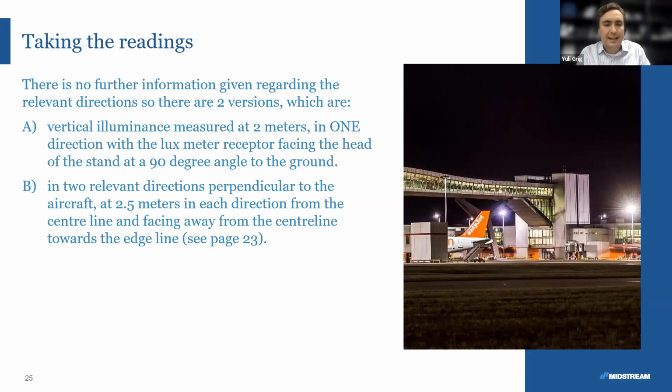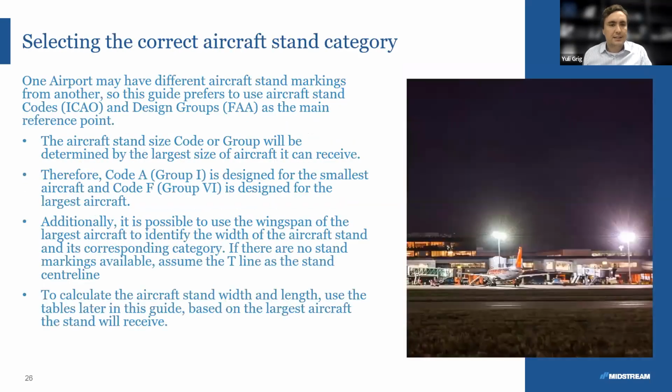So once we've identified how we're going to do that, the next step, of course, is to select the correct aircraft stand category. One airport may have different aircraft stand markings from another. This guide refers to the use of aircraft stand codes under ICAO.